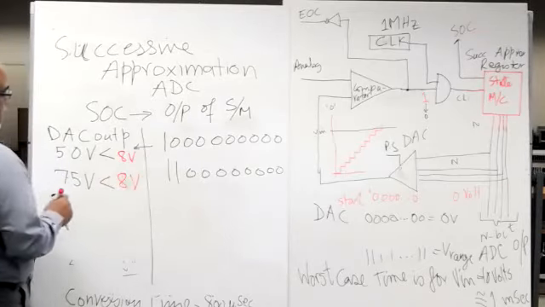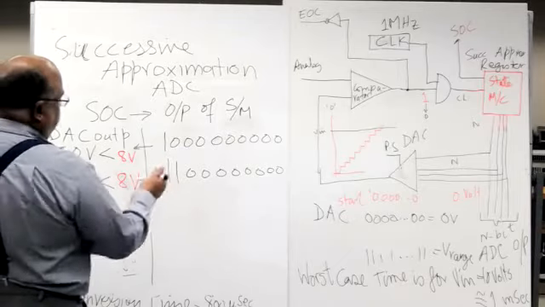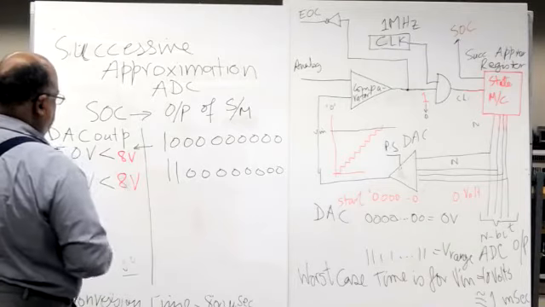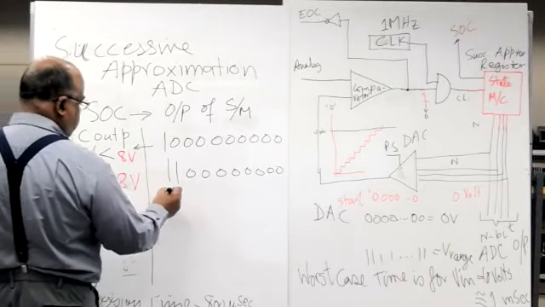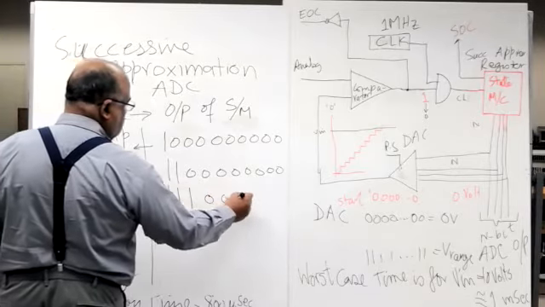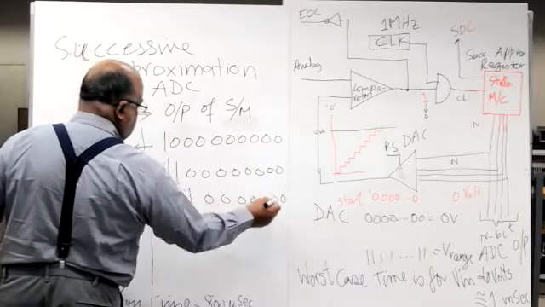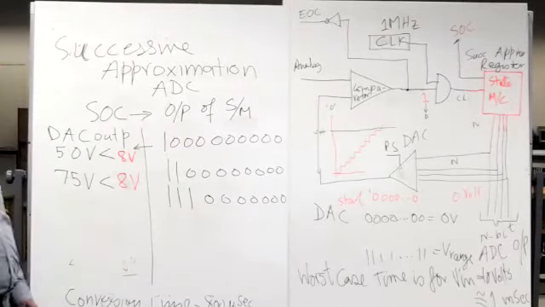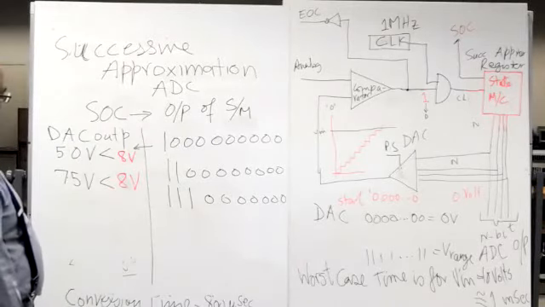So it is going to keep this also. Okay, this is less than this. So it will try the next bit. So now what is the DAC output?